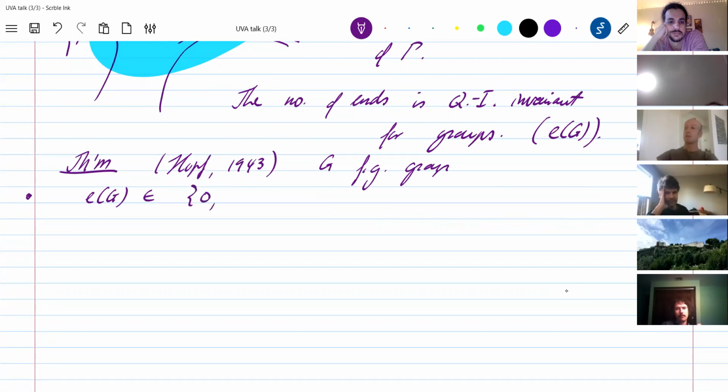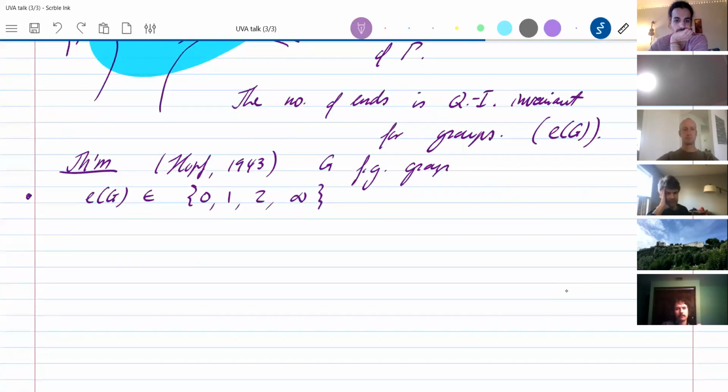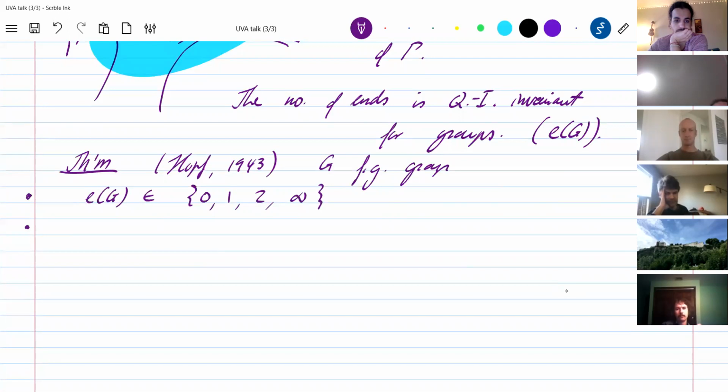It actually has to be either 0, 1, 2, or infinity. And the reason for that is essentially the high degree of symmetry of the Cayley graph of a group. Once you have more than 2 ends, you can actually make infinitely many ends just by using the symmetry, by translating and things like that, using really the group structure of your Cayley graph. So, okay, we know that. As you might have guessed, the number of ends is 0 exactly when G is finite.